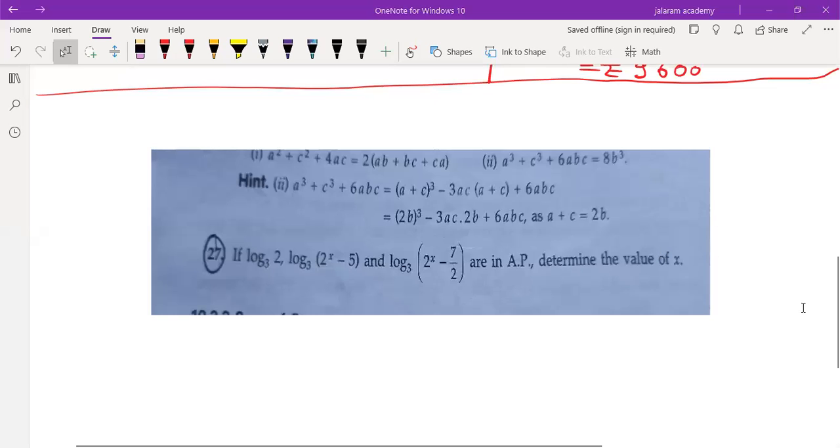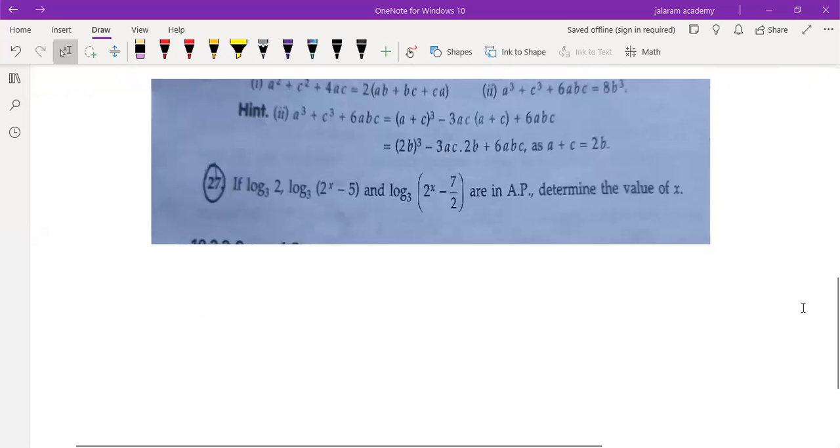So the next doubt is in a question related to the theory of logarithms. I am discussing some of the formulas of log, though you have studied them in lower classes, in class 9th. The first formula is the method to convert a log into indices and indices into log.